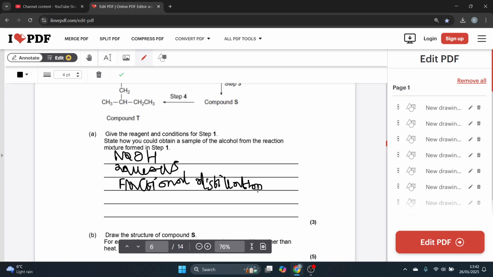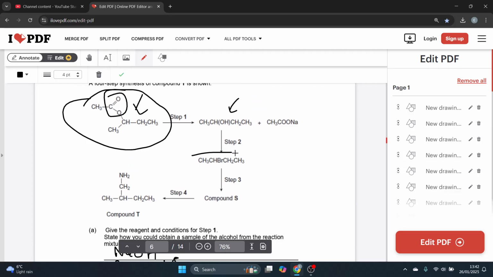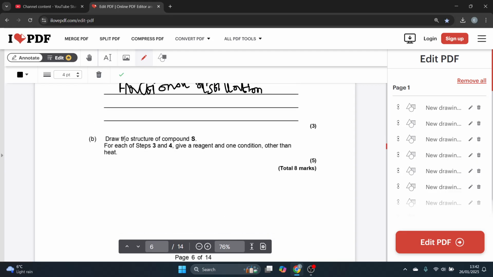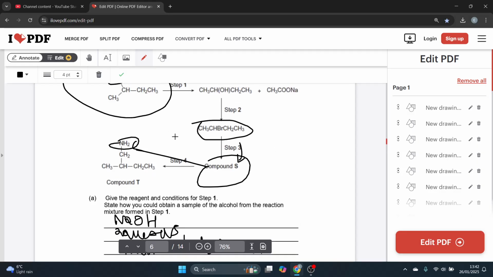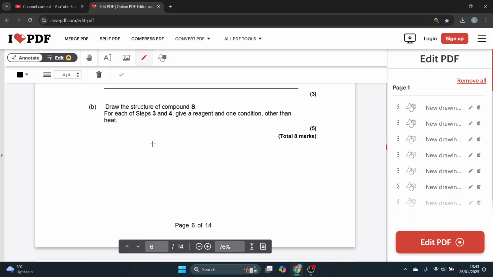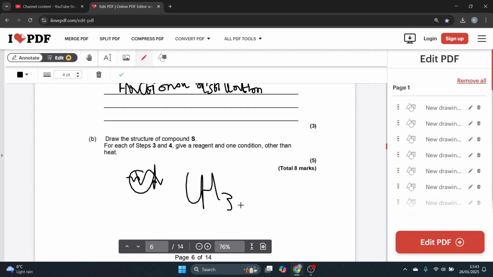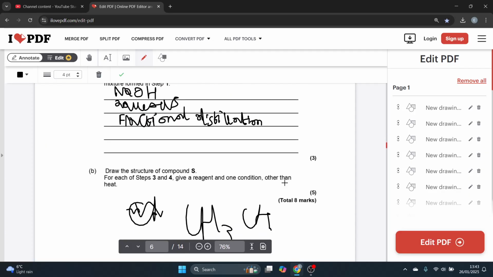Draw the structure of compound S. Now compound S is when I go from this to this, and then from this to the NH2 group. So compound S is going to look like this, because remember nitriles can be reduced to the amine, so it's got to be a nitrile. This is compound S, CH3CH(CN)CH2CH3.